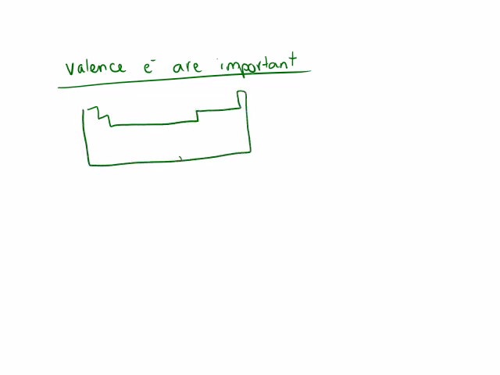So we learned about valence electrons. Group 1 has 1 valence electron, Group 2 has 2, 3, 4, 5, 6, 7, and 8. We also talked about how 8 is the magic number of valence electrons. That is our octet rule. Every atom wants 8 valence electrons in order to be stable.